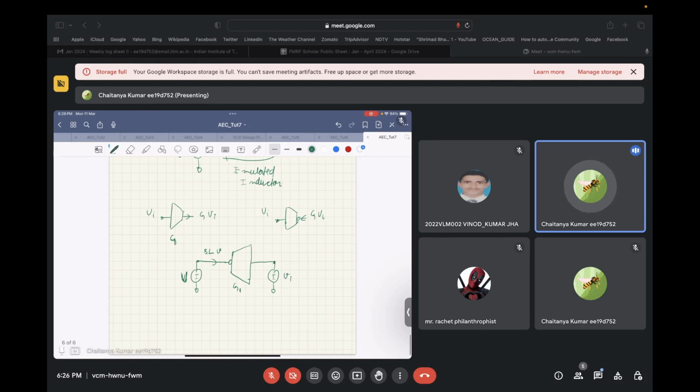We can do the math. It's simple math. V by SL should be equal to G1 times Vi. That means the input voltage that this particular transconductor needs to have is V by (SL times G1). Okay. Is this clear to you?